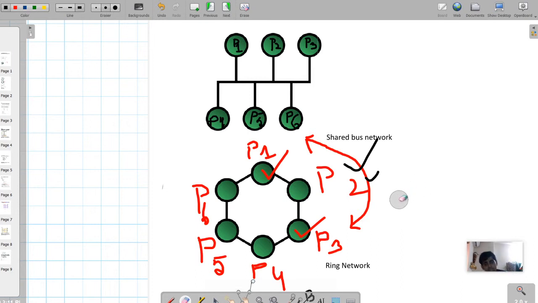Now at this particular time, if processor P6 wants to communicate with processor P4, they are free to do this. Processor P6 can communicate with processor P4 via node P5.